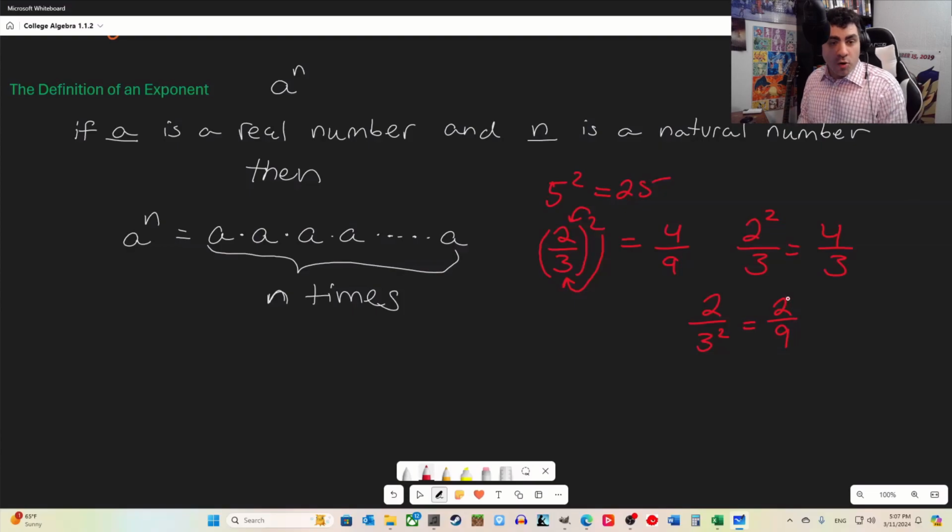See the importance of the placement of the exponent. If the exponent is outside of the parentheses, you apply the exponent to everything. Everything inside the parentheses. If it is not inside the parentheses, you simply apply the exponent to whatever number the exponent is attached to, whether it be the numerator or the denominator.